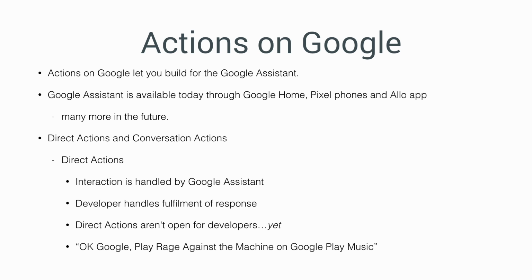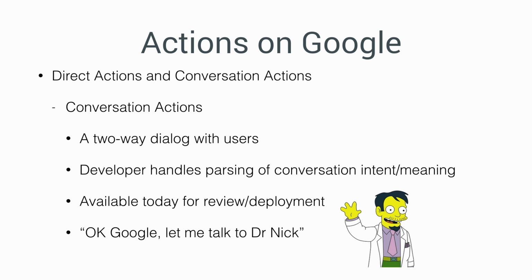What we're going to be talking about today is conversation actions. Now, conversation actions, as the name implies, are like a 2-way dialogue with the Google Assistant. You handle the parsing of the request and the response, so you get to hear the text that was spoken, or the voice that was spoken to the Google Home, or the text that came through from the Google Allo app.